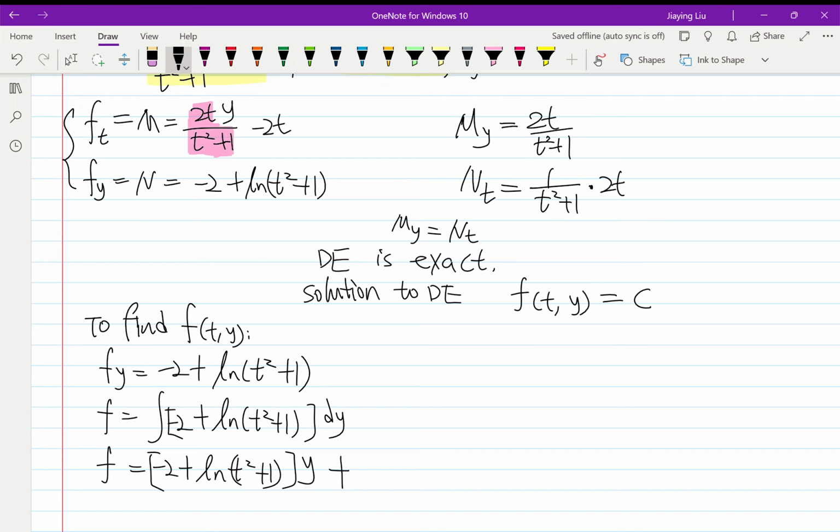Again, here you have to be careful. When we write this as a constant term, it just means that it's constant relative to the variable that we differentiate or integrate with, so it doesn't depend on y. It could depend on t, so I'm going to call it h of t, being the constant term.